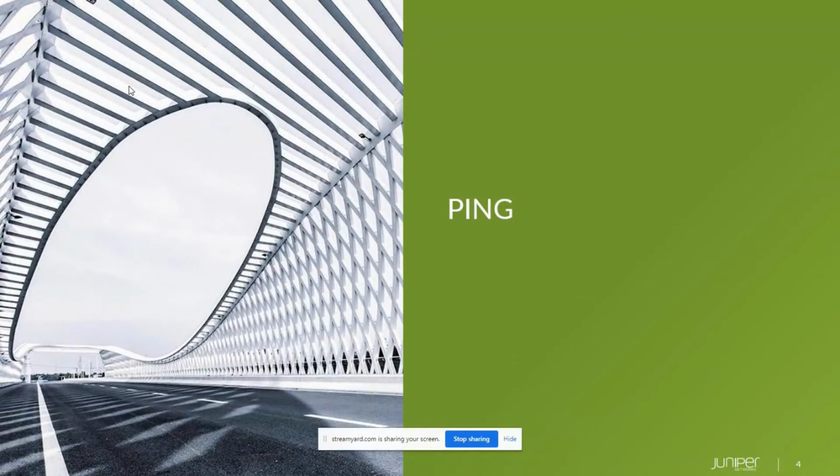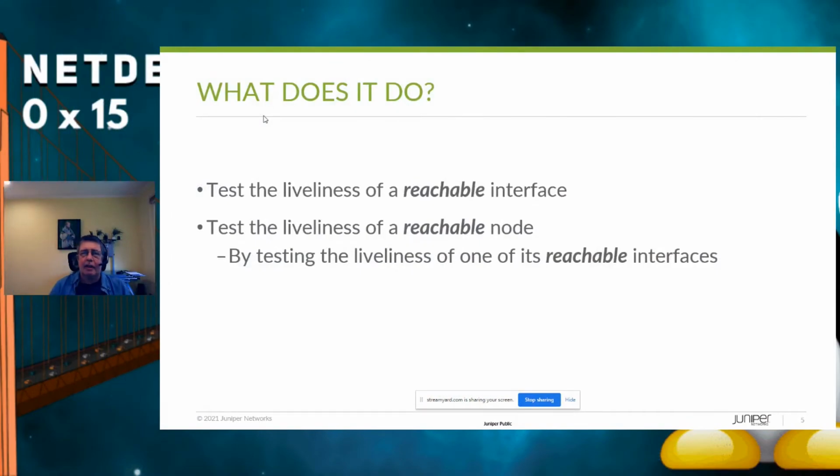So let's talk a little bit about ping. Ping does 2 things for you. It tests the liveness of a reachable interface, and it can also test the liveness of a reachable node. It does this by testing the liveness of one of the reachable node's reachable interfaces. Now, you might notice that I've used the word reachable about 10 times in the last minute. What does it mean for a node to be reachable?